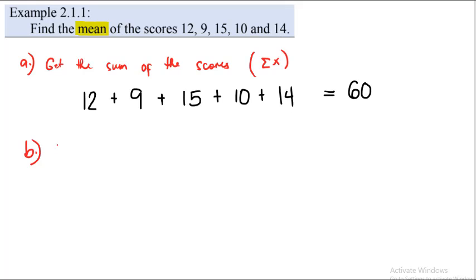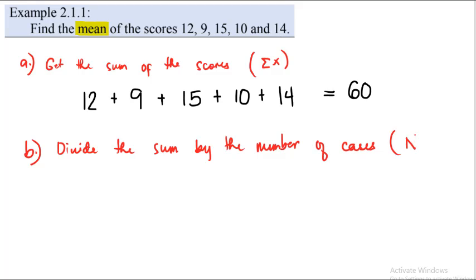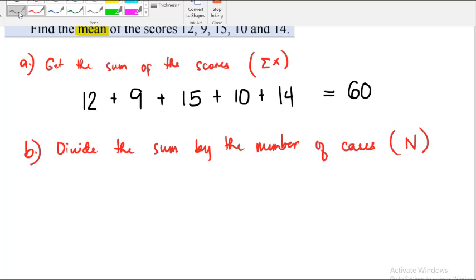The second procedure here is to divide the sum by the number of cases. For this scenario, for us to get the number of cases, we will just count the number of scores.